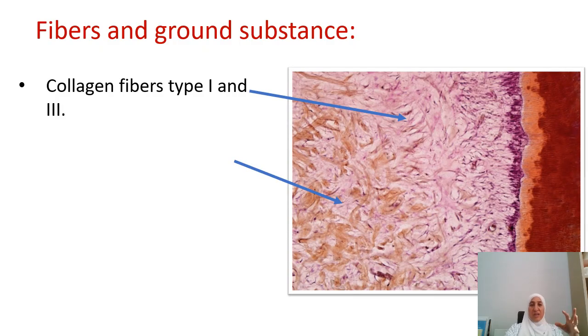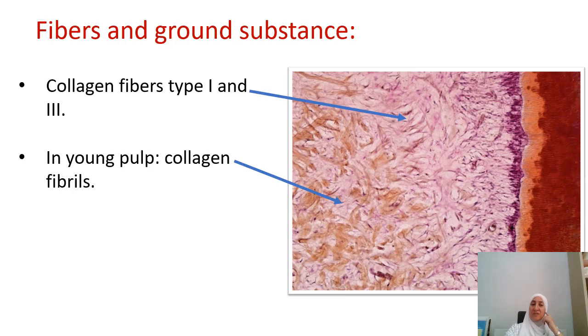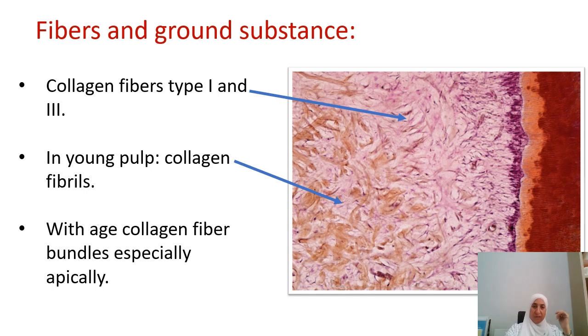Of course, we have fibers, collagen fibers type 1 and type 2. In the young pulp, the collagen fibers won't be large enough to be fibers, but are in the form of fibrils, and with age they form fibers.